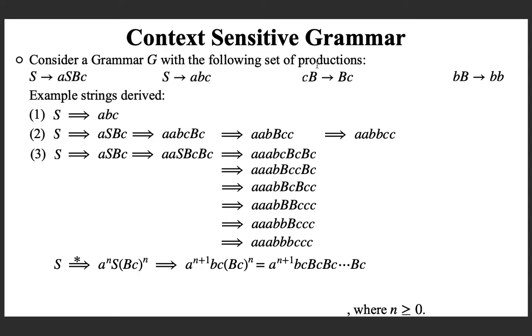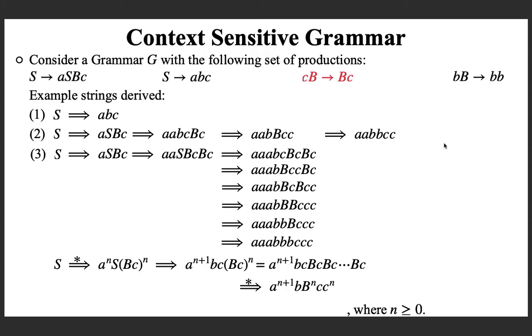Now you know that you can apply the third production to move all the small c's to the right side. How many are there? C is here, then n more c's. So what you are getting is this c followed by n more c's, and all the capital B's, n of them, are getting moved to the middle.